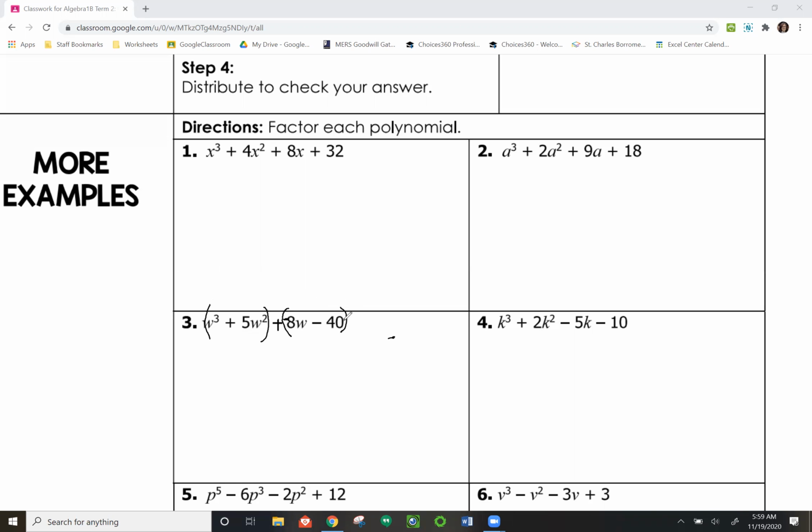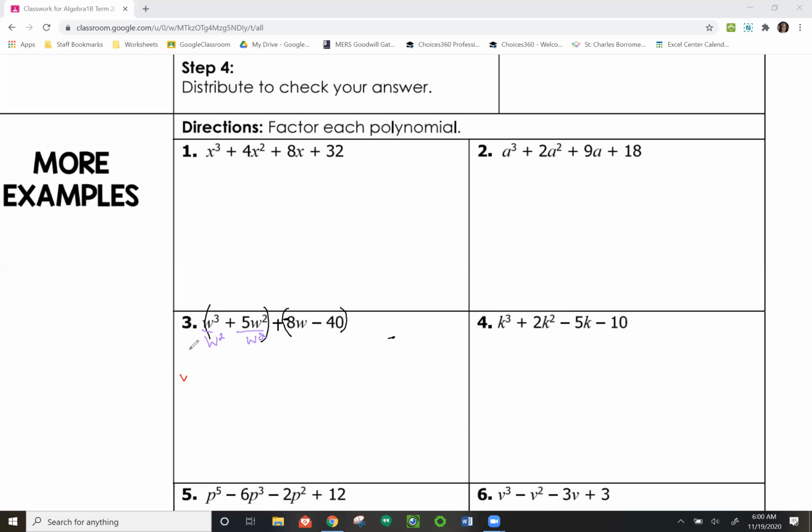All right, so I have w cubed and a 5w squared. So what can I factor out of both of those? Well, I can factor out a w squared. Okay. And then what can I factor out of both of these terms? Let's do this actually first. Let's do my factoring over here.